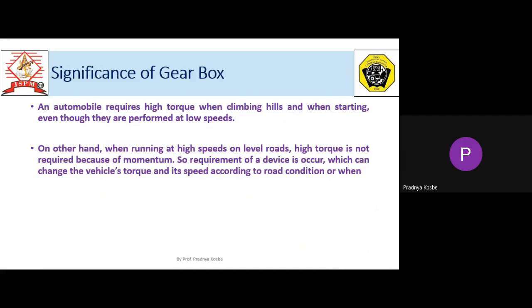So here there is a necessity of a device which will change the vehicle torque and its speed according to road condition. So according to road condition and requirement, we can change the torque by using a gearbox.